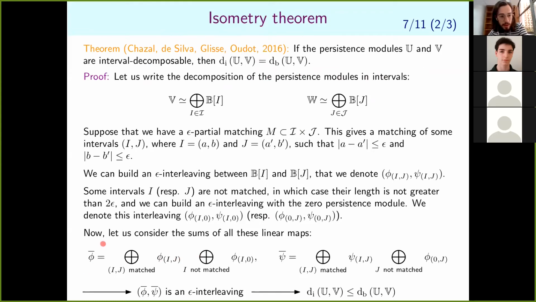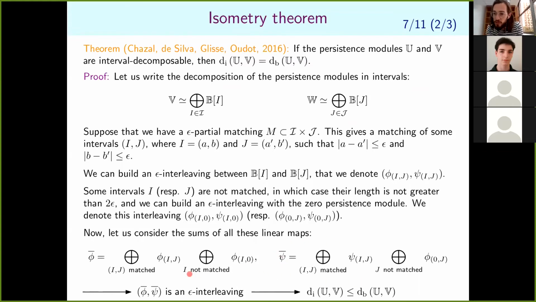Okay. Phi bar will be the sum of all the phi IJ for matched bars IJ, and the sum of all the phi I0 for the bars which are matched with their midpoint. And similarly for psi.